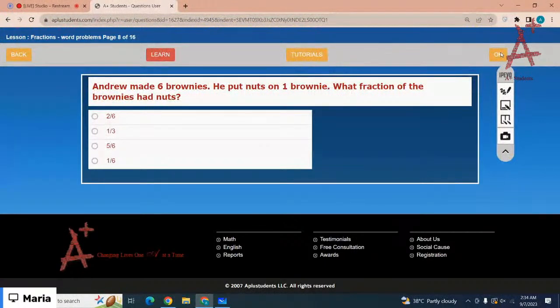Andrew made 6 brownies. He put nuts on one brownie. What fraction of brownies had nuts?